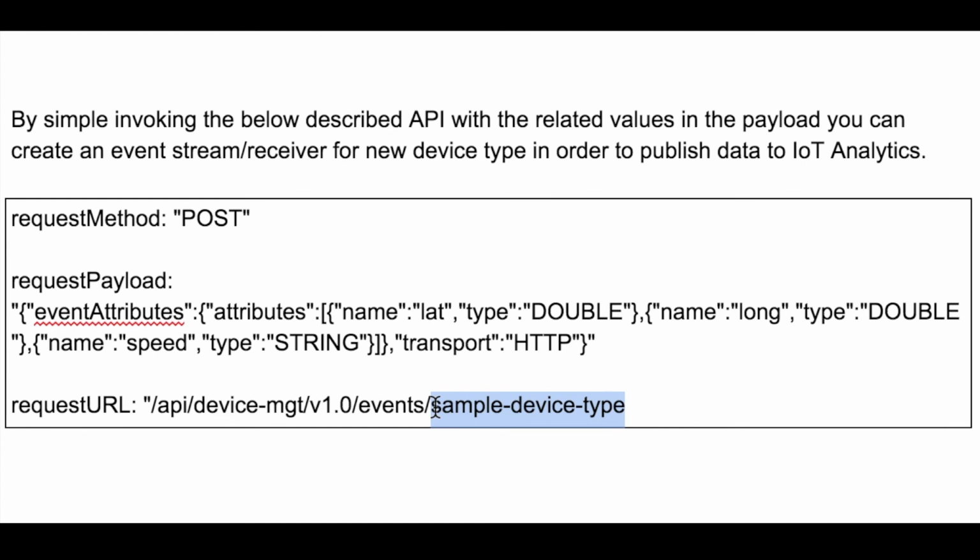It should be your device type name, and then create a payload with the event attributes with the data type and the name, and including the transport, HTTP or MQTT. By simply sending the post request to this particular API, you can create the needed event stream for your custom device type.